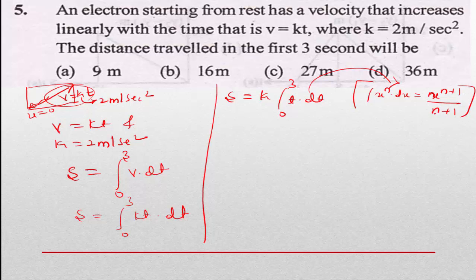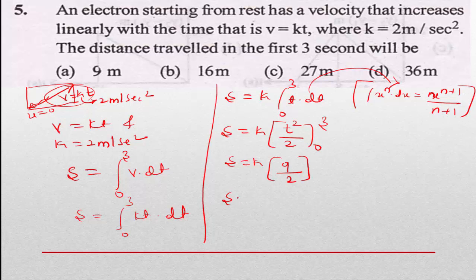Using this formula we can calculate s equal to k as it is, and x to the power of n plus 1 becomes t to the power of 1 plus 1, that is t square divided by 2, from 0 to 3. Then s equal to k into, substitute the 3 value in this equation, 3 square is 9, divided by 2.